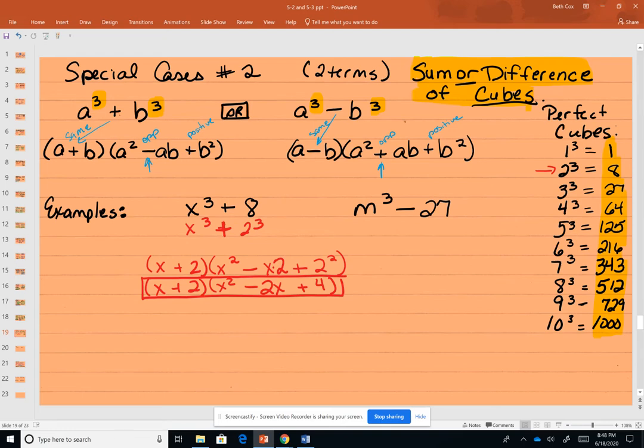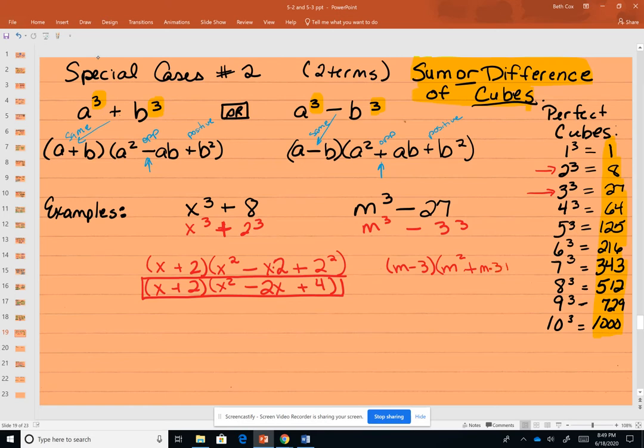Another one. This one's a minus, and we're going to use 27, which is 3 to the third. So this is m to the third minus 3 to the third. Now we drop the little 3's, and the first one gets a square on it. Then we have a plus, and we multiply the two of them together, so that's m times 3.